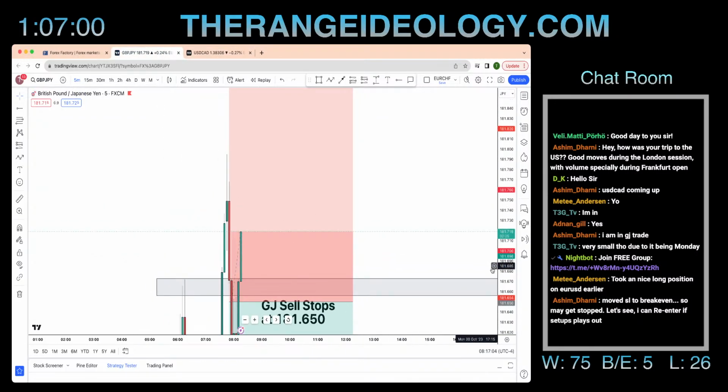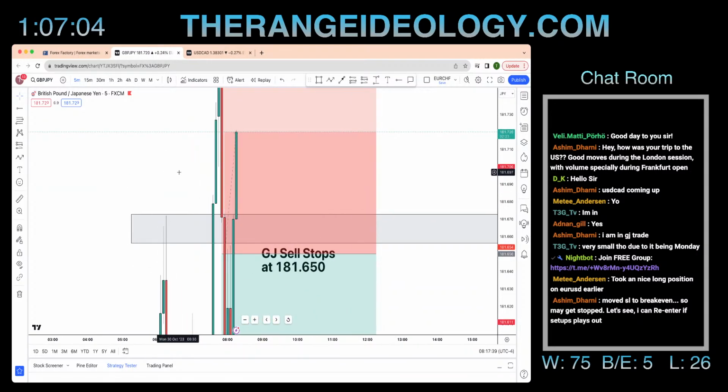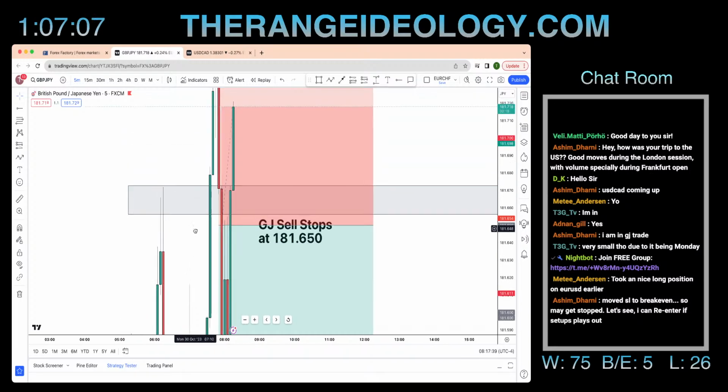Wow, not a good push against us for GJ here. Yeah, no bottom wick, but look at just the movement.